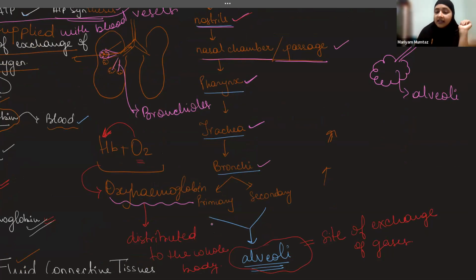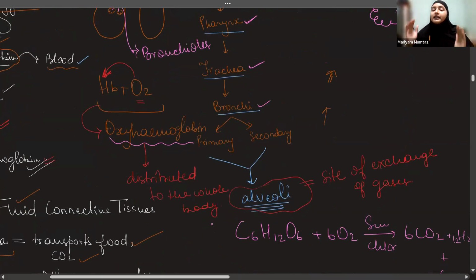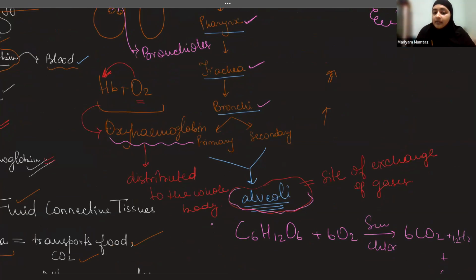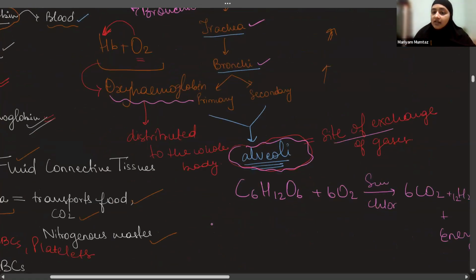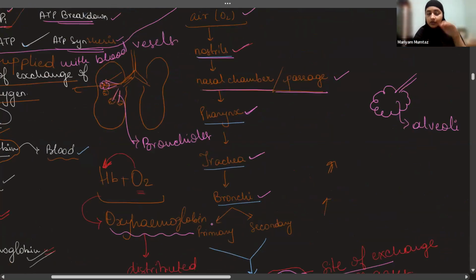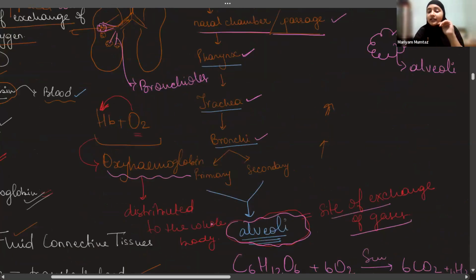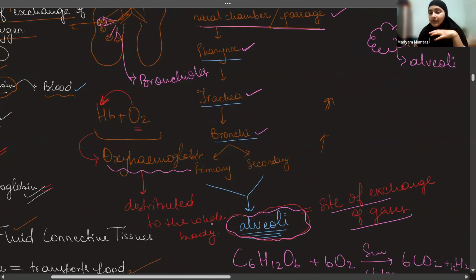The bronchi get divided into primary and secondary, and ultimately all of it reaches the alveoli. Always remember that the alveoli is the site of exchange of gases. Everything from the outside up until the bronchi is the conducting pathway. The air is conducted in such a way.